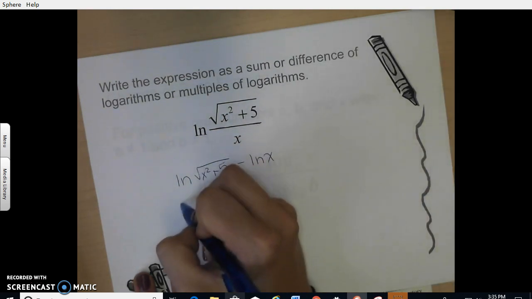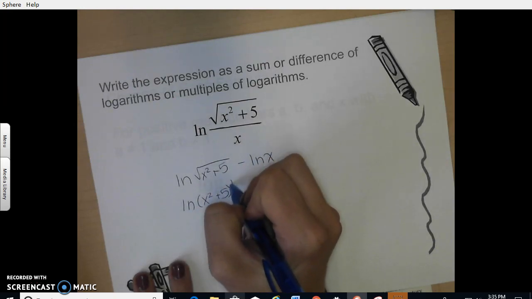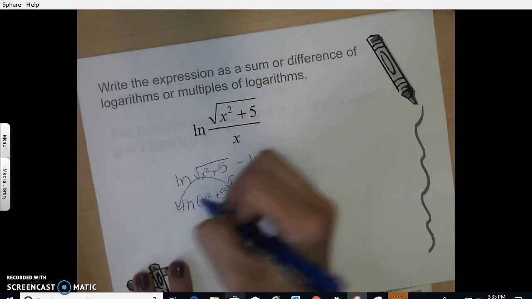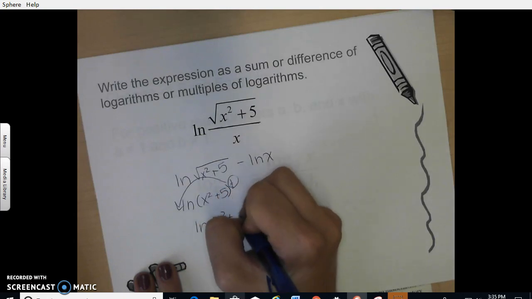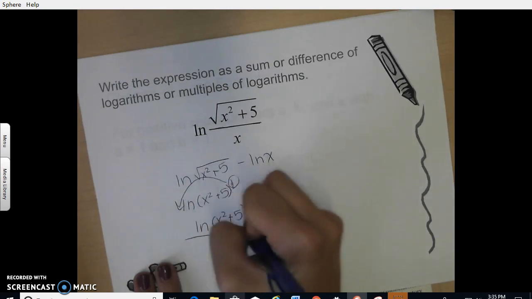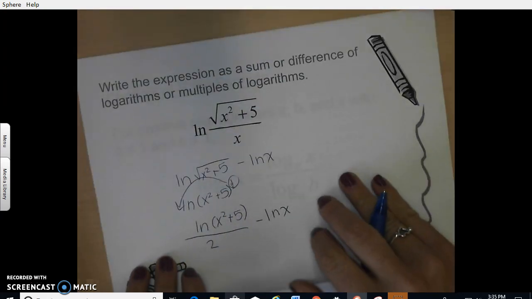This square root can be written as ln of x squared plus 5 to the 1/2 power. I bring the 1/2 to the front, and it would be 1/2 ln of x squared plus 5, minus ln of x.